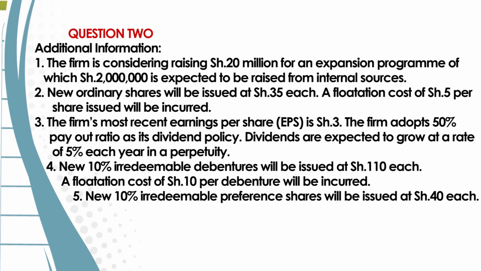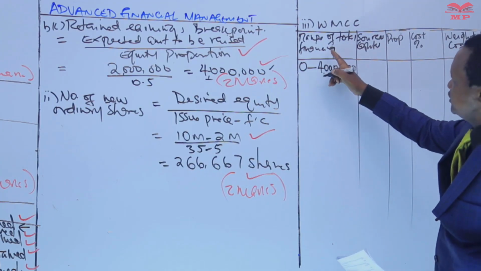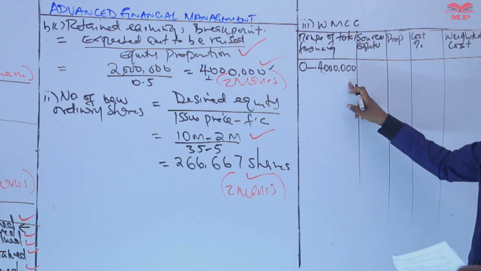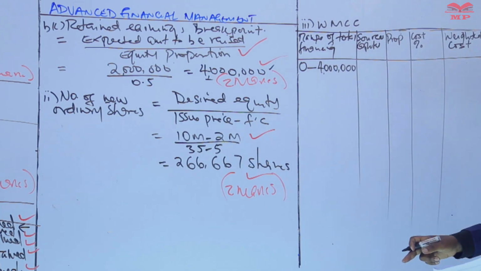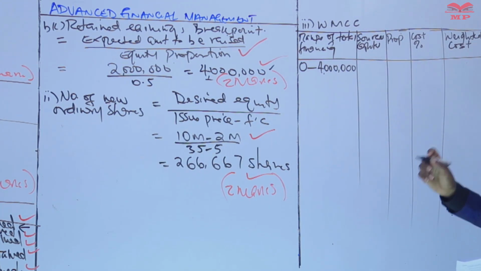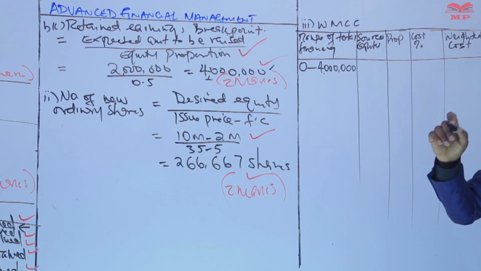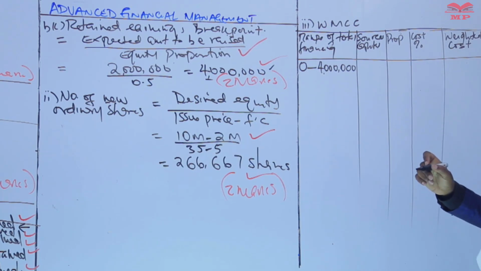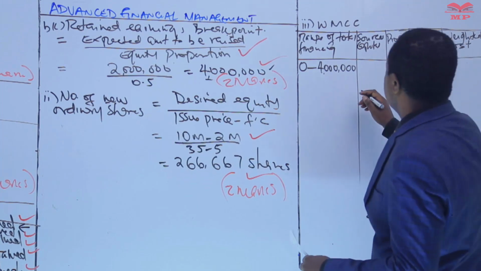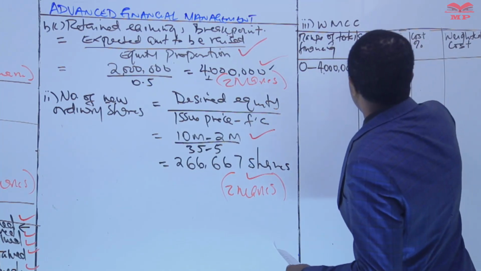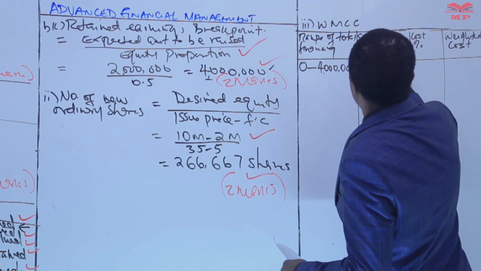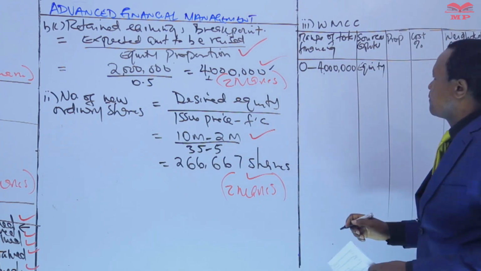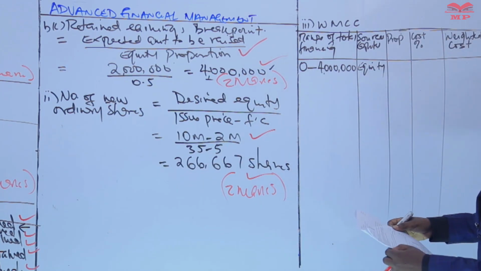So we begin with the first range, 0 to 4 million. The source here is equity. Then we have debt, irredeemable debentures. Then we have preference shares.